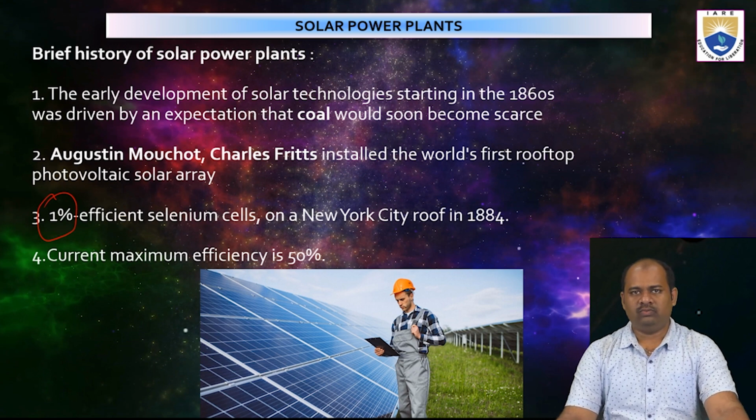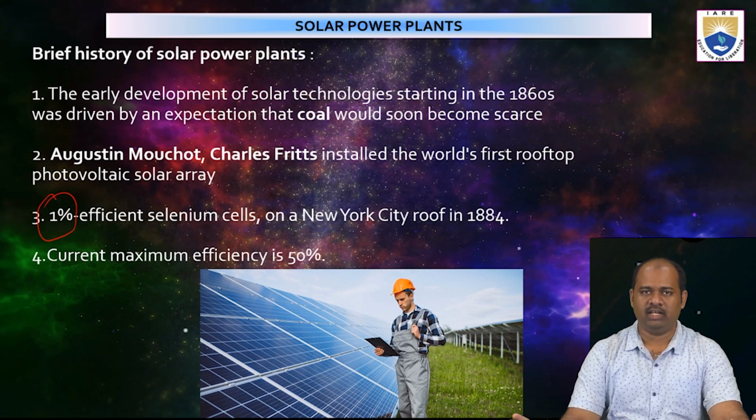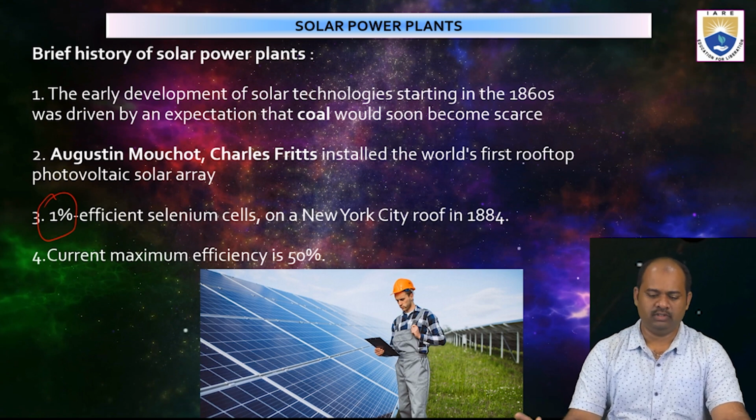And nowadays, the maximum efficiency of any solar panel on the earth is about 50%. Any solar panel installed to convert solar energy into electrical energy can convert only 50% of the solar radiation into electricity, not more than 50%.